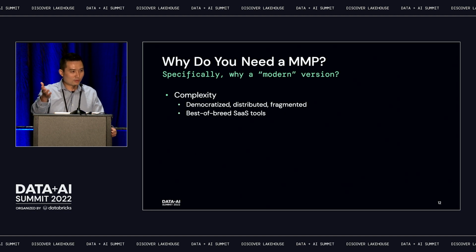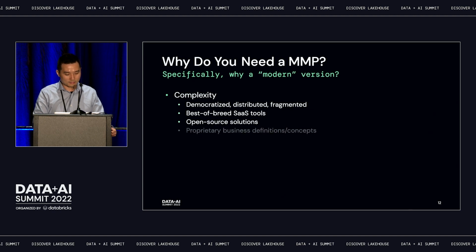And like I mentioned before, you tend to go and buy all these best of breed SaaS tools, putting them together. A lot of companies also put in open source solutions. And on top of that, pretty much every company has its own proprietary business definitions and concepts. So if you look at all of that, that is where all this complexity comes from.